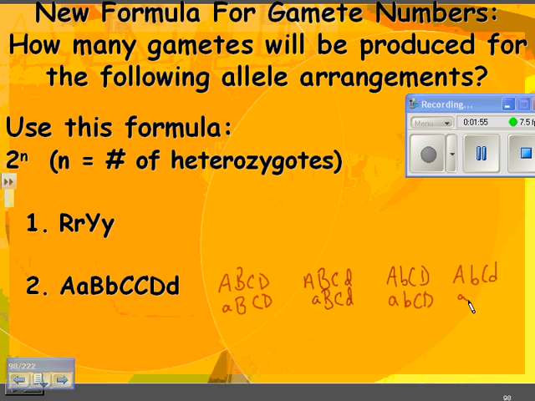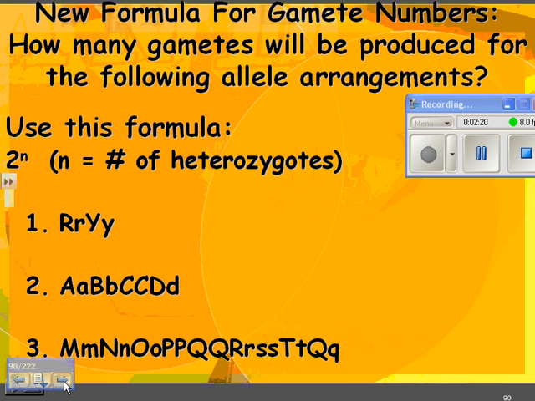I'm just doing the same ones as above, but this time with little a. So let's look at the numbers. 2 to the n would be 2 to the 1, 2, 3, because you don't count that one because every single one just has a big C. That's not adding anything different. So 2 to the 3, which would be 2 times 2 times 2, which is 4, 8. So that's how many I came up with. It looks like I got them all.